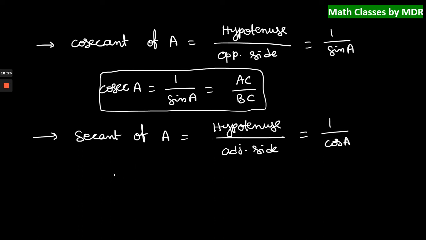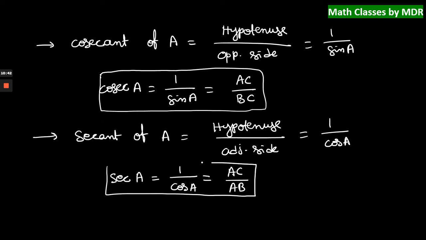So secant A we write as sec A, which is equal to 1 by cos A, and hypotenuse is AC and adjacent side is AB, so secant A is AC by AB.